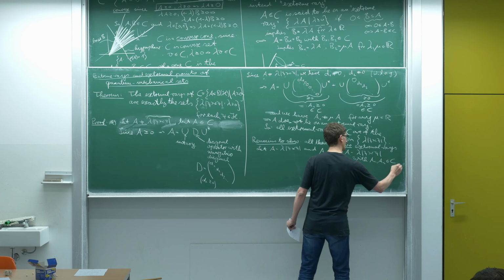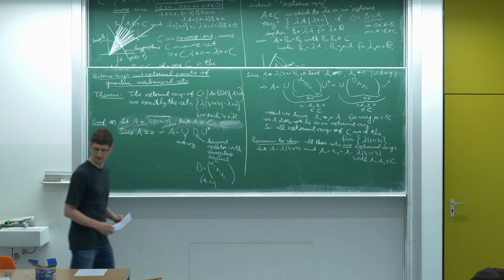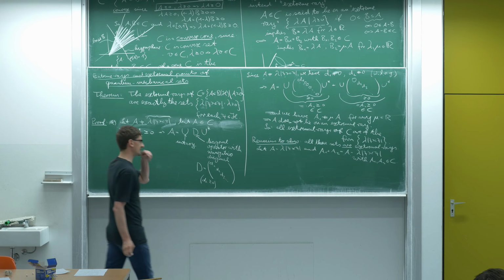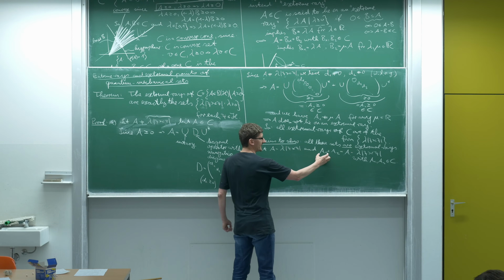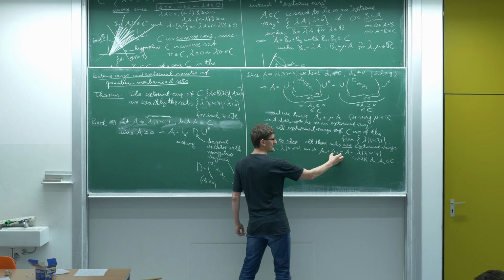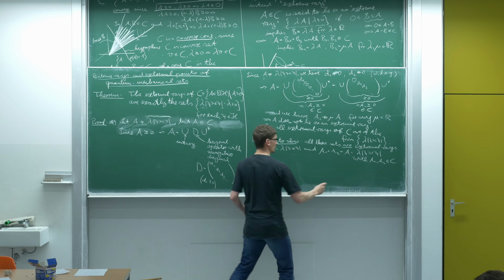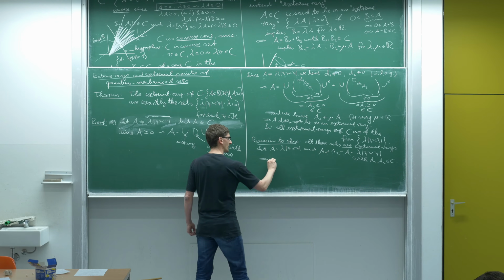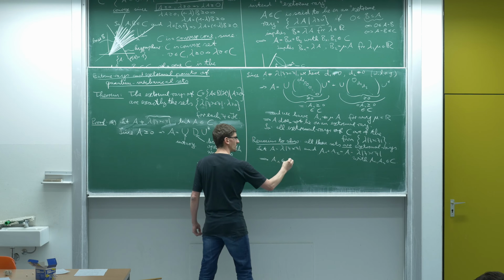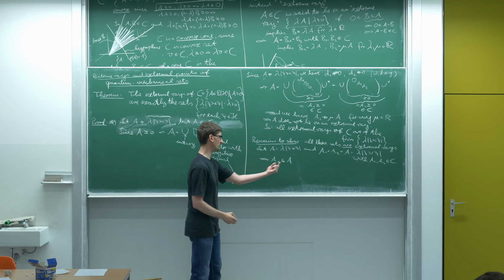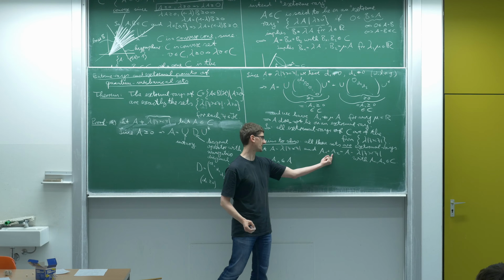This means, for example, that A1 plus a positive semi-definite operator has to be equal to A. So this implies that A1 is less or equal than A. The difference between A and A1 is a positive semi-definite operator.